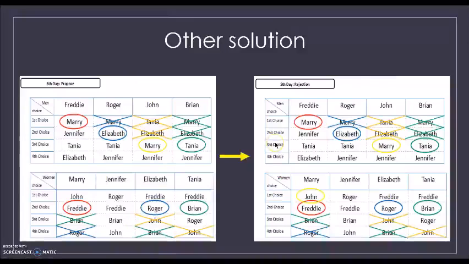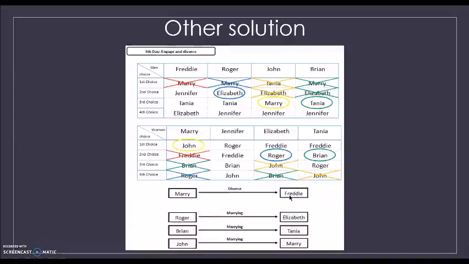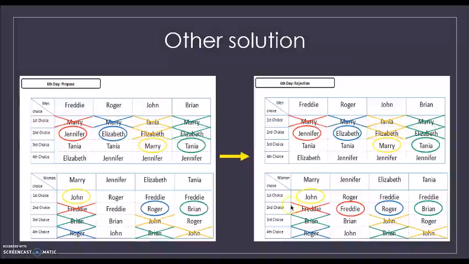Mary is now engaged with Freddie. But let's see, Mary chooses who? Between John and Freddie? Yeah, Mary is so lucky to have her first choice. Now John proposes to Mary, and of course Mary will go to John and leave Freddie. Now Freddie has to go for the sixth iteration and choose Jennifer.